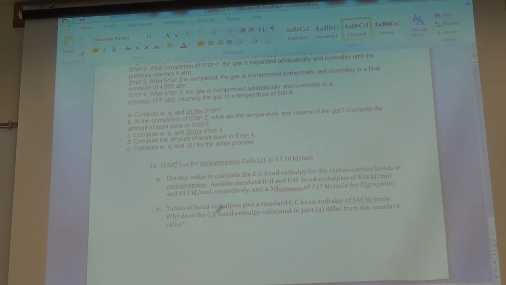And they're going to give you a few things. They're going to tell you that the standard hydrogen-hydrogen bond enthalpy and the standard carbon-hydrogen bond enthalpy are 436 and 413 kilojoules per mole respectively. And they tell you that the delta H of sublimation for graphite is 717 kilojoules per mole.